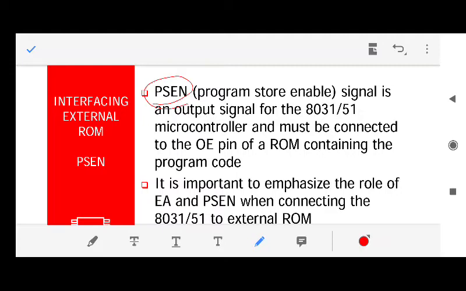And where do you store the program? You normally store your program in ROM. So whenever you are connecting the external ROM to 8051, please remember, external ROM means you are definitely storing the code or your instructions in the external memory. So whenever you are connecting the external ROM, the PSEN pin of 8051, where is it?